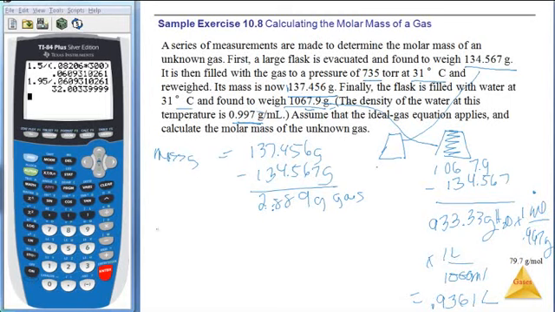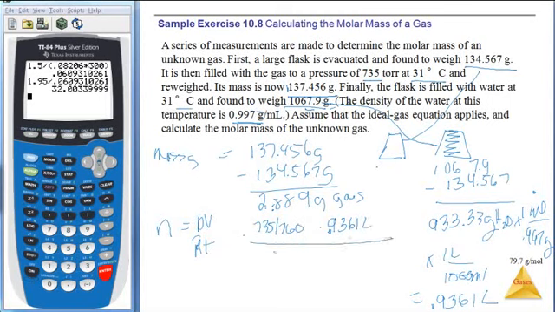So we're going to do n equals PV over RT again. Pressure is 735 torr, so I'm just going to leave that at 735 divided by 760, right? That will give me atm. Pressure times my volume, 0.9361 liters.